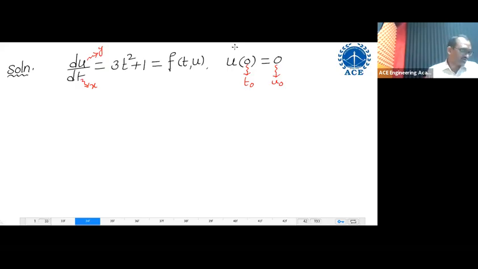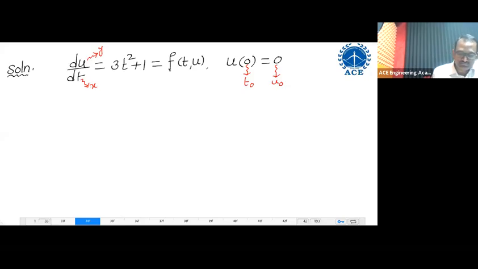You are asked to find the absolute error at the end of the first time step, that is, after the first approximation. The first approximation is y1, and y1 means u1.